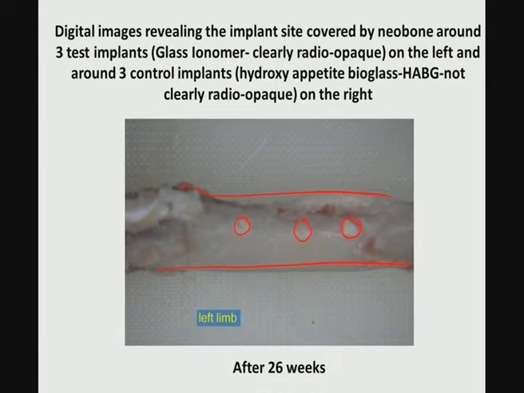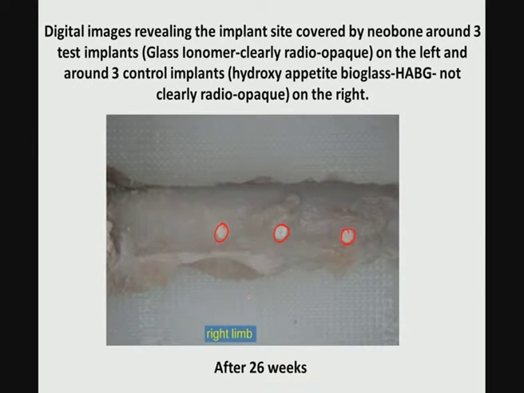The other thing I must emphasize here is that, as far as possible, all the control implants and all the test implants are to be implanted in the same animal, in the same strain itself. You cannot do 3 implants in one animal and then in the next animal the 3 other implants, even though the species is the same, because the moment you change the animal, their health status, their age, their sex may be different.